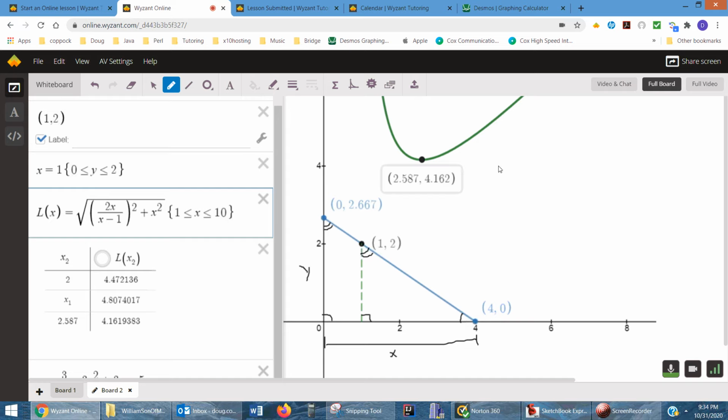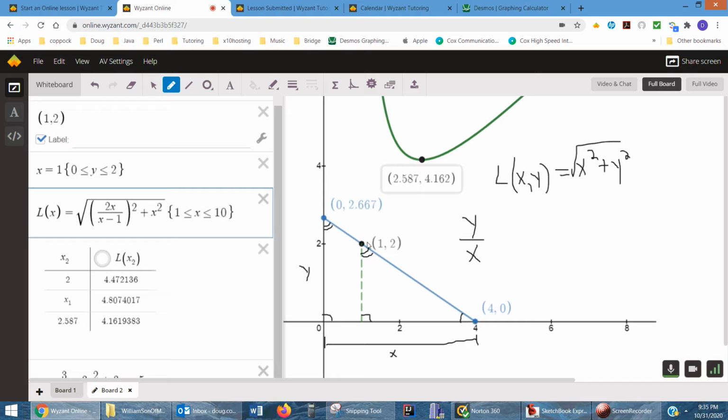Alright, so the length of the hypotenuse, in terms of x and y, is the square root of x squared plus y squared. But we're supposed to get that length in terms of x only. So here's the key. In these similar triangles, this y side is to this long side, y is to x, as this green dotted line is to this distance.